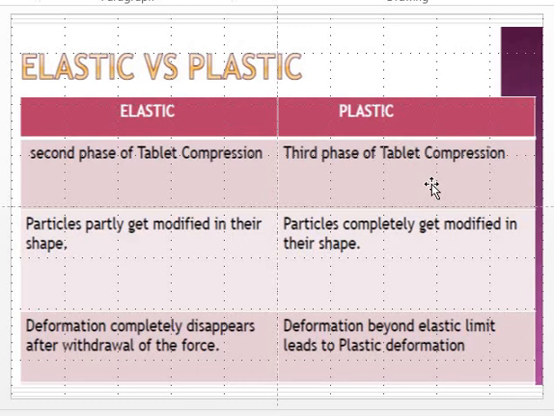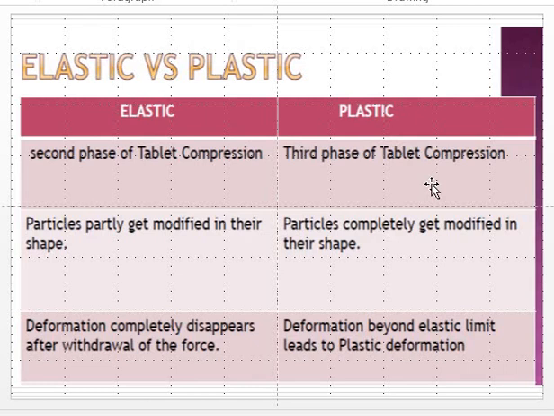In case of plastic deformation, all the particles get completely modified in their shape. Generally, deformation completely disappears after withdrawal of the force. That is called elastic deformation. It means when you are pressing your material inside the die cavity and you remove the pressure, and that granular material is not converting into the tablet shape, then we can say it is elastic deformation, and after removal of that pressure, your particles or that granular material will look like the initial shape.